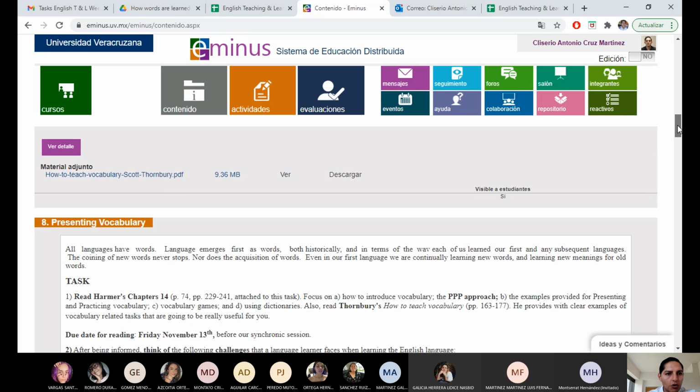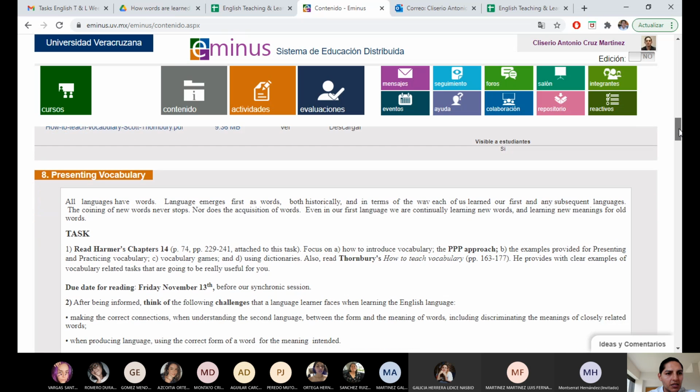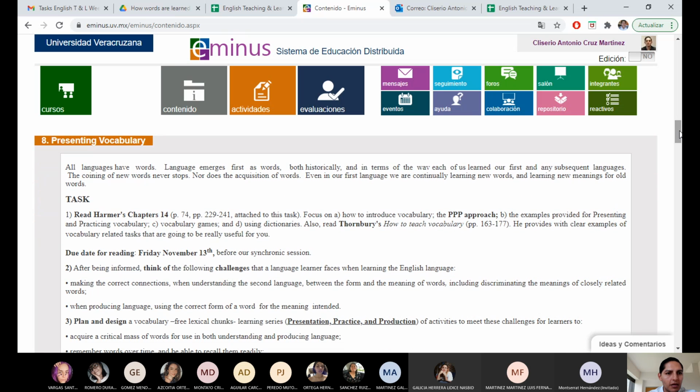After that, you go for Activity 8, presenting vocabulary. You have an introduction of vocabulary here. Then you need to read Harmer's chapter 14. You have already done that, I'm sure. It was for today. Page 74, which is focused on the lexical approach.